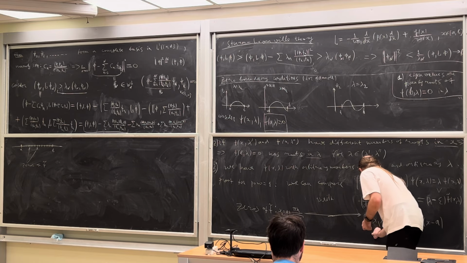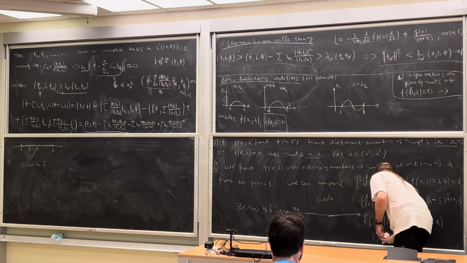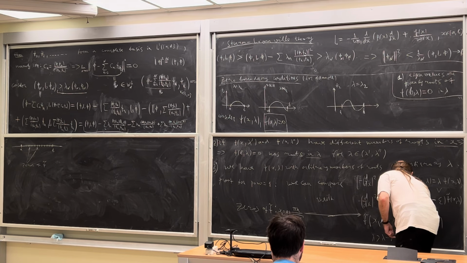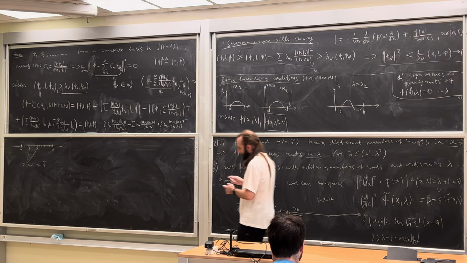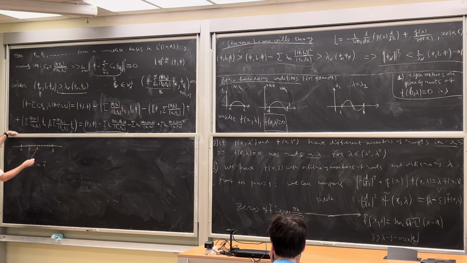So there should be a restriction that lambda is greater than lambda minus epsilon minus minimum of Q. But the picture is the following: there are zeros of this psi tilde, and the zeros of psi are in between them. So there is at least one zero in each interval. It can actually be more.